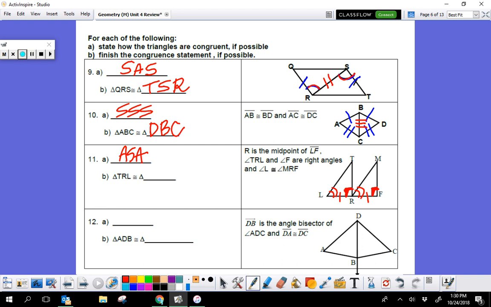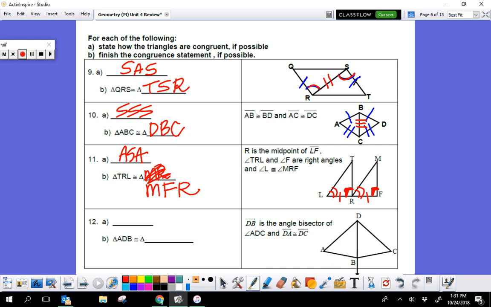Angle T is going to go with angle M. Angle R is going to go with R. And L, angle R is congruent to angle F, and then M, F, now R. There we go.